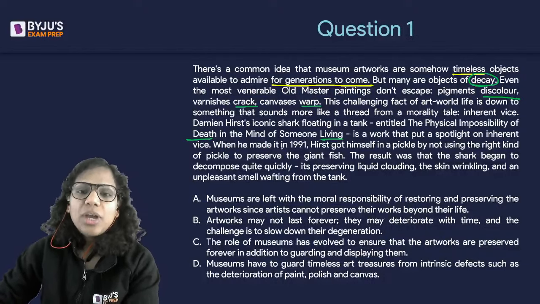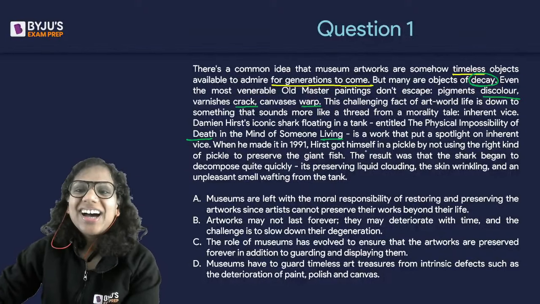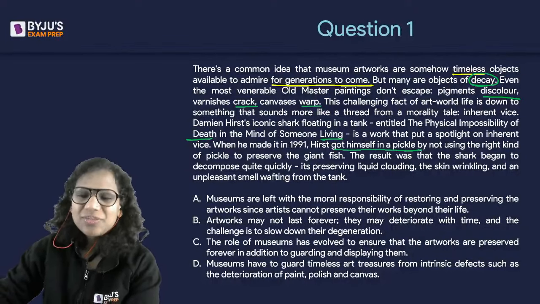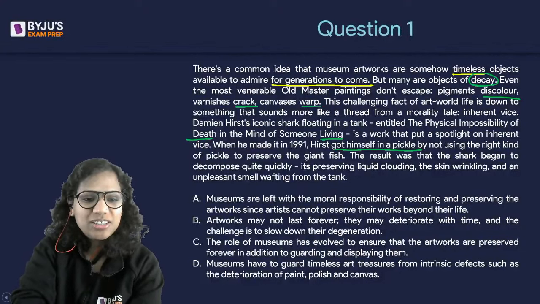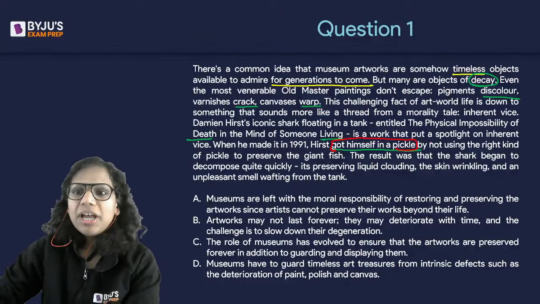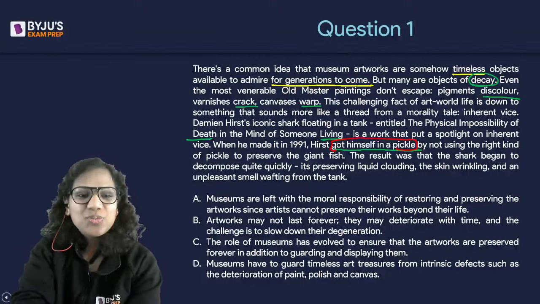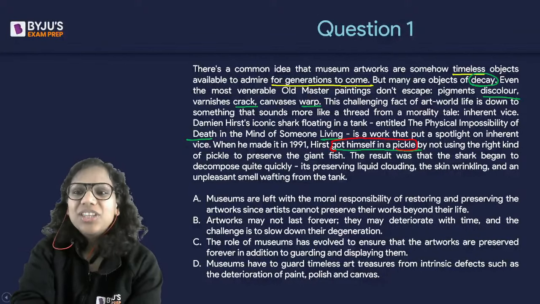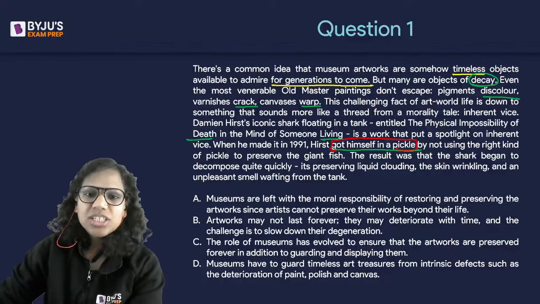How? When he made it in 1991, Hirst got himself in a pickle. Let me just use a different color to highlight this. This is an idiom. Hirst got himself in a pickle by not using the right kind of pickle to preserve the giant fish. The result was that the shark began to decompose quite quickly.